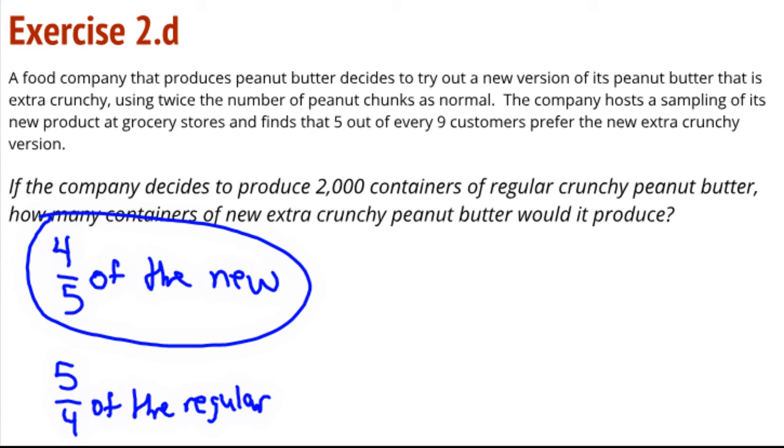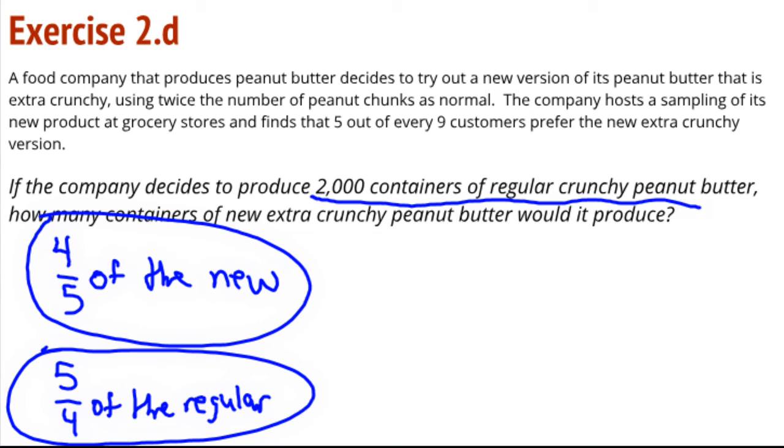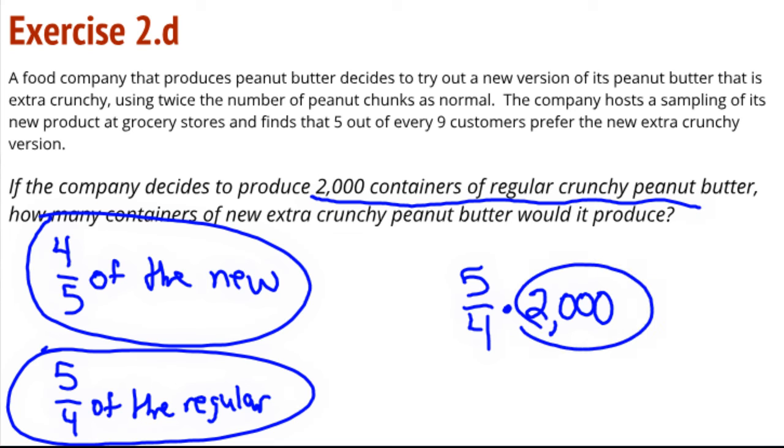So which one of those two would help us find the information asked for in the question? They're telling us that we're going to have 2,000 of the regular. So wouldn't it be useful to know 5/4 of the regular? I have the regular and I want to find 5/4 so that I can know the new.